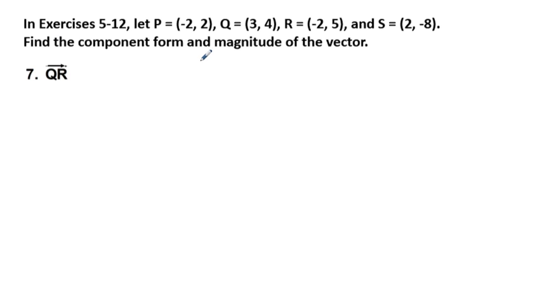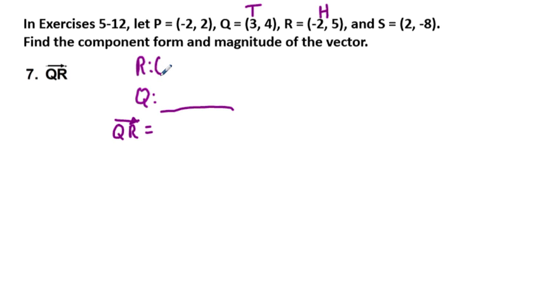Problem number 7, QR. Okay, head minus tail. Okay, R is the last one, so R is the head. The tail is Q. So we have R and Q. And when we figure that out, we're going to have vector QR. It's going to be equal to what we find.